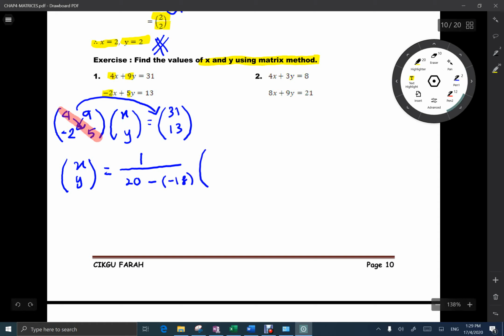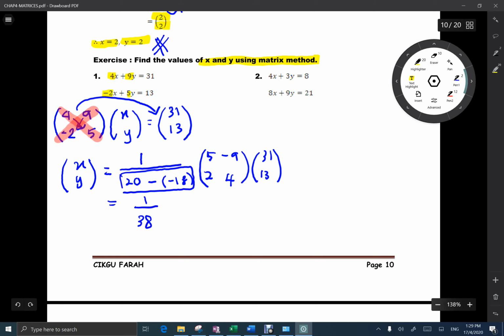This part, you need to change position. So, for 5, it would be 5, 4. So, negative 2, 9. Change the sign. Negative 2 will be 2 and 9 will be negative 9. And then, you times with 31, 13. So solve the determinant first. 1 over 20 minus negative 18, you'll get 38.